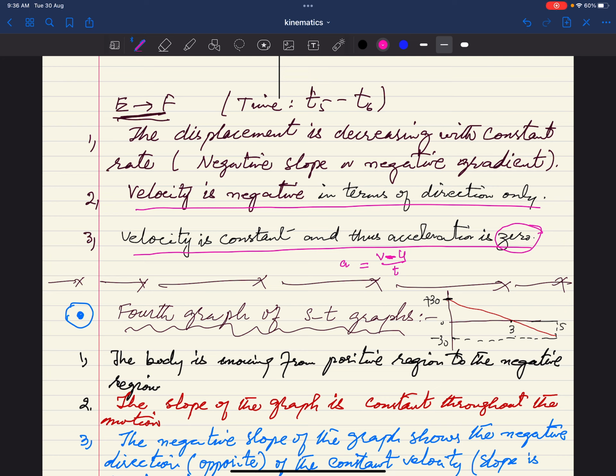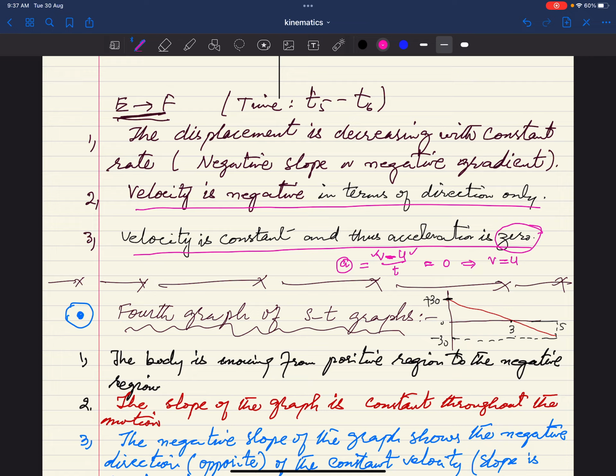But if your u and v are constant throughout the motion, then acceleration will be zero. So this is very important. This will be the condition when v is equal to u. When v is equal to u, then the acceleration will be zero.